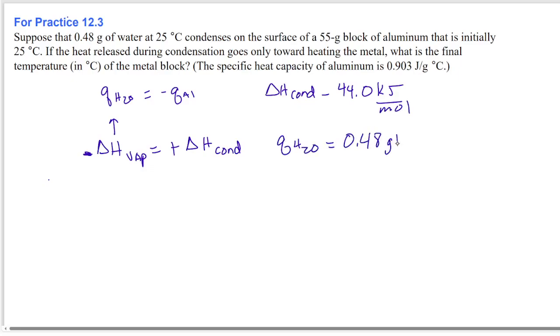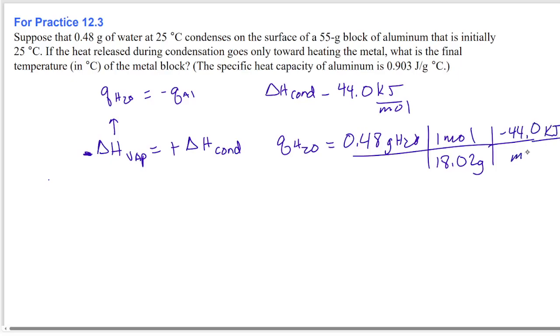So the Q for the water is given by 0.48 grams of water times, we're going to divide by the molar mass, 18.02 grams per mole for water, and the delta H for condensation is negative 44.0 kilojoules per mole. And that gives us negative 1.172 kilojoules.